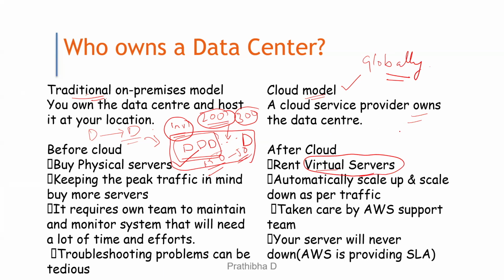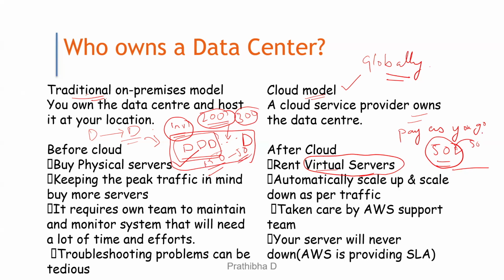So renting means you're paying only for those services which you are using. Okay. So for example, in one day, I might use 50 servers, so I'm paying only for 50 servers. If my company expands, at that time I can purchase another 50 and make it 100.